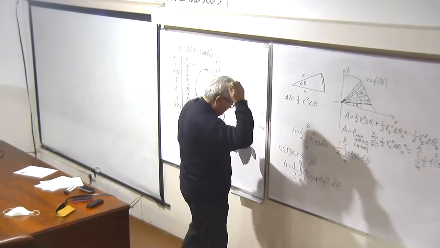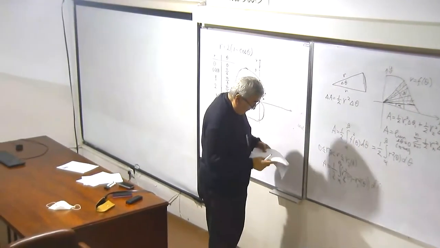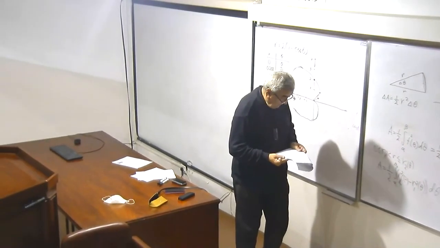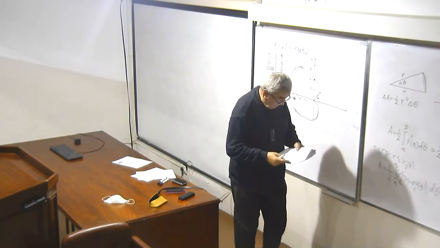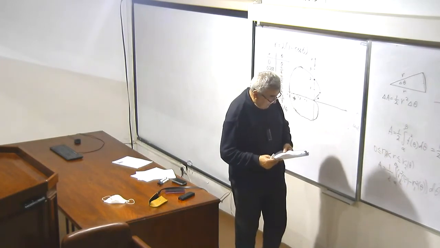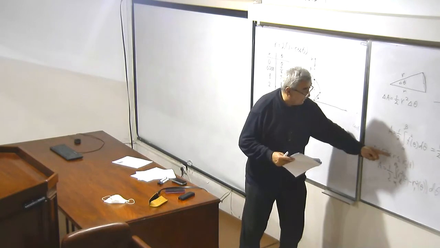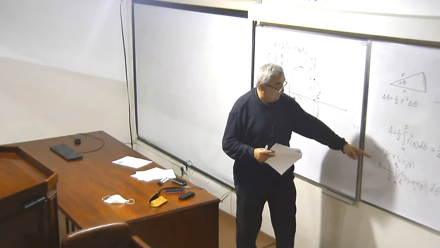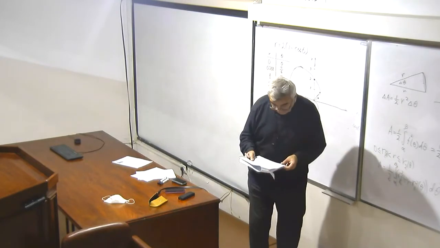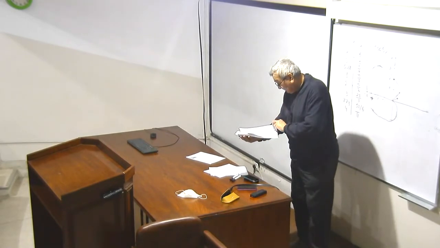That means when we have the region restricted by two functions, R1 and R2, theta, R2 is larger than R1. You see, R2 is larger than R1. R is a variable which is changed. That means in this case it will be like this. One example.